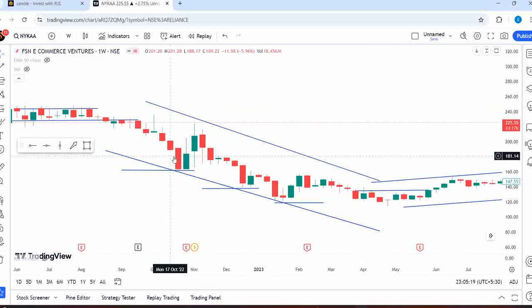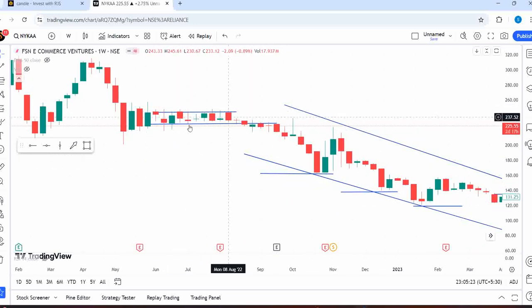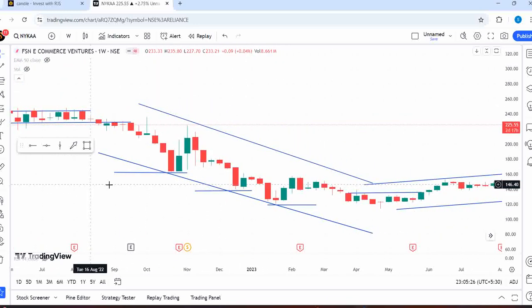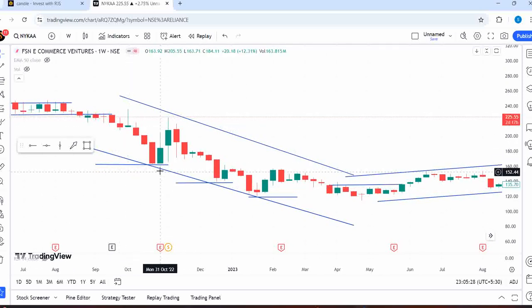See here, it started to come down. Initially it was in this time range. You add it from wherever you want. It came down, took a support, went up, but it is weak. It could not breach this, came down, took another support. But if you see here, support is shifting downwards. So price action is weak here for this stock to go up.